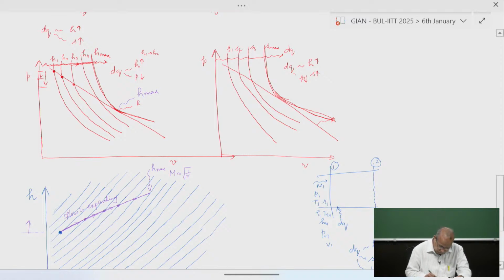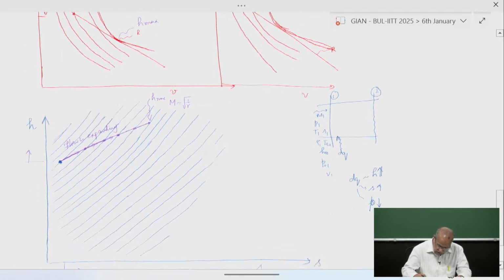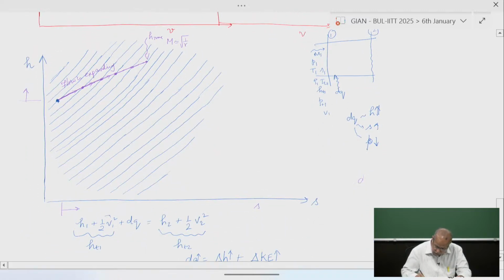So we end up in a situation where dq is equal to dH, and dH is not going to change because it has reached the maximum, plus delta kinetic energy.